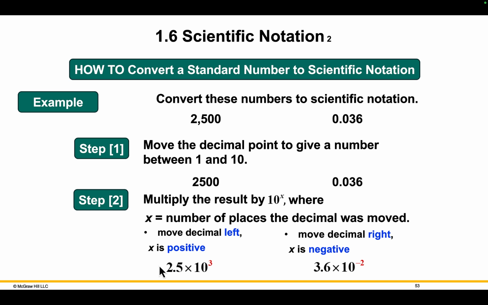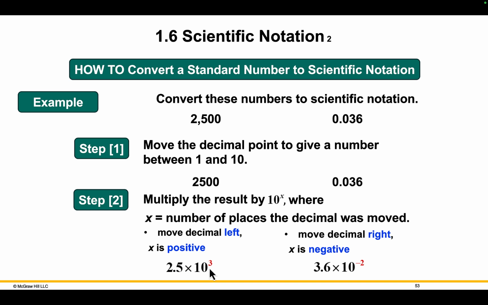And so my coefficient is then going to be 2.5. And then I count how many decimal places I moved it. So if my decimal started here, I moved it 1, 2, 3. So this is going to be 2.5 times 10 to the third. 3 because I moved my decimal 3 places, and it's positive 3 because I moved it to the left.